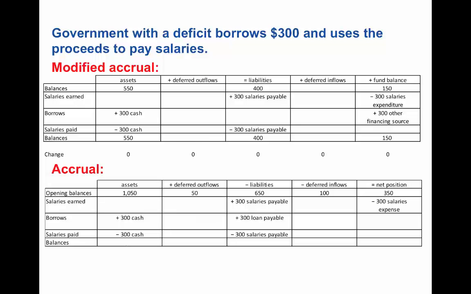They make the salary payments, which eliminates the salary payable, but the loan payable is still there. And so from the perspective of this government, it's got $300 more in liabilities, and its net position has decreased by $300. So you can see that in the longer term, this government is worse off.